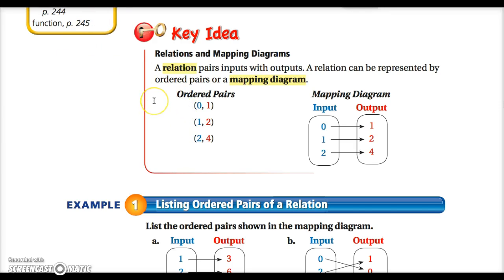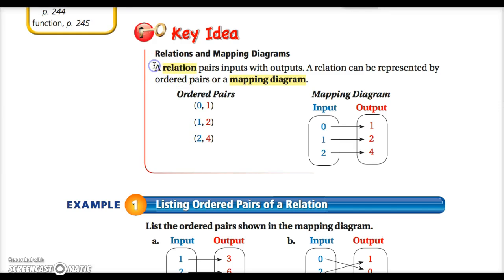So if you think of a vending machine, if you input the money, you get out whatever it is you were getting, so a soda, candy bar, something like that. You put something in, you get something out. If you have an equation, you put in your x values wherever x was, and you get out whatever y was. So that's a very basic definition of what a relation is.